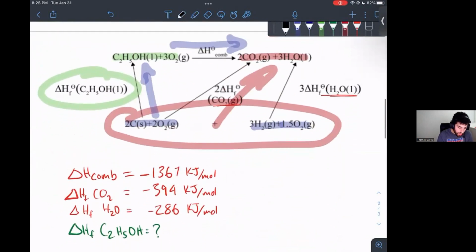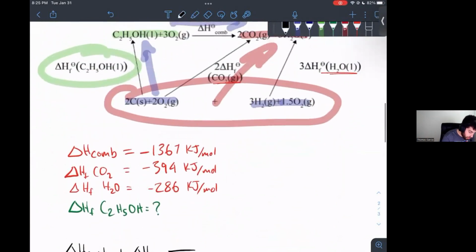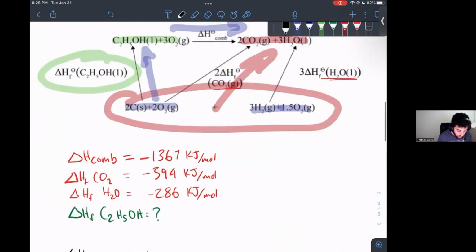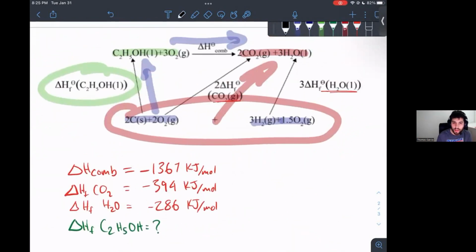So knowing that, I can actually set that equal to our shorter path. That is equal to, and our shorter path is given to us as the delta H of formation. So we are using the delta H formation. And what it says right here specifically is that the formation of 2 carbon dioxides plus the formation of 3 waters is going to be the entire delta H that we have to use.